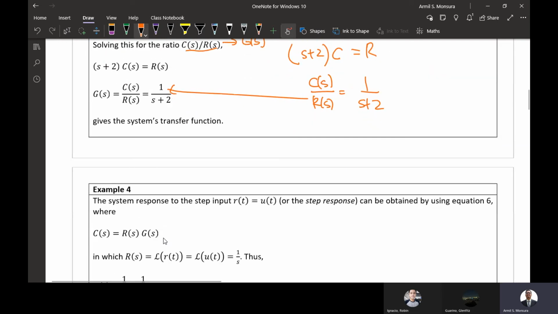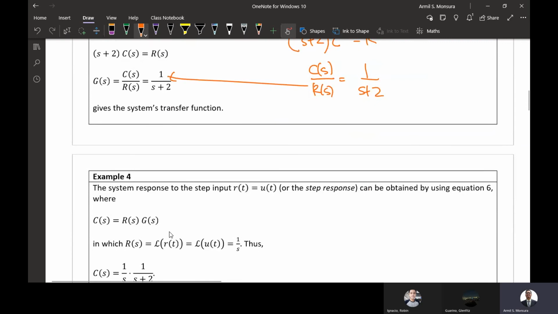Okay? Now, the second part of our problem is to find the system response to the step input. Pag ang input natin ay step signal, kasi hinahanap natin yung response ng system ninyo to that step signal, collectively, ang tawag natin doon, step response.